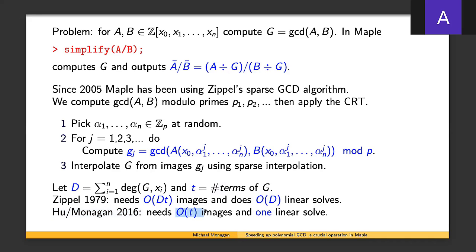The new algorithm needs only order T images, and it does 1 linear solve. So you can see that it's a factor of order D times faster. If the polynomials have many variables or high degrees, D would be large.